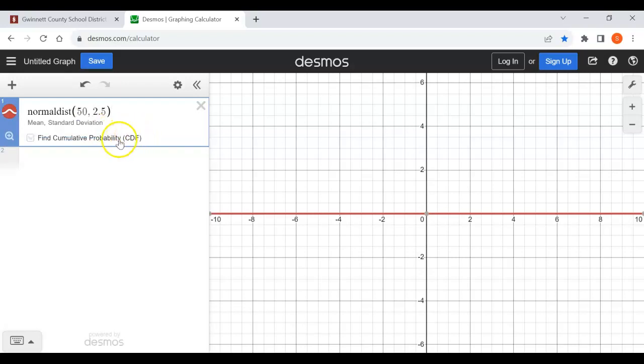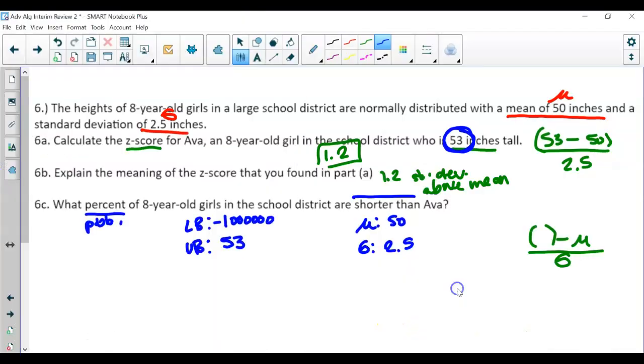Now we're finding the CDF. Remember how we would use a calculator and we always use the option 2, that was the normal CDF? We're finding that cumulative again. So here we go. Well, the minimum has already been set to negative infinity, that negative 1 million, so we're good. But the maximum, what did we say? Well, what was the upper bound? 53.